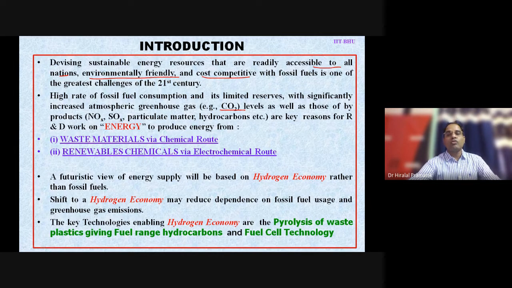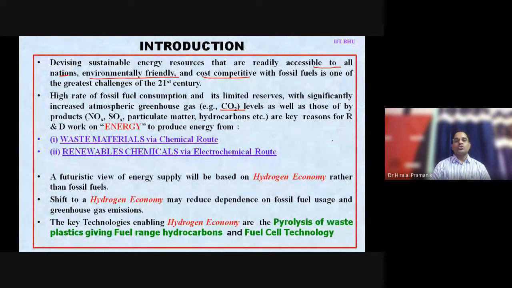These are all global warming gases which pollute the air, right? Therefore, the whole scientific community is trying to switch to sources which will reduce the consumption of fossil fuel and reduce the pollution as well.